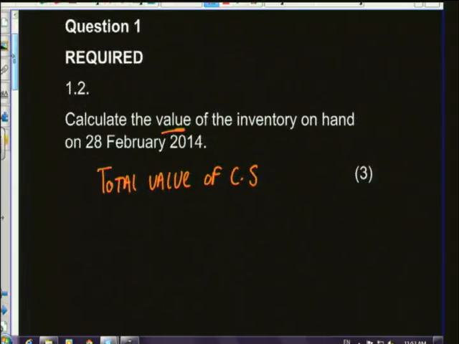Straightforward, guys, not difficult. In order for me to calculate my total value of closing stock, remember the business uses the weighted average method, I am simply going to use this very simple formula.